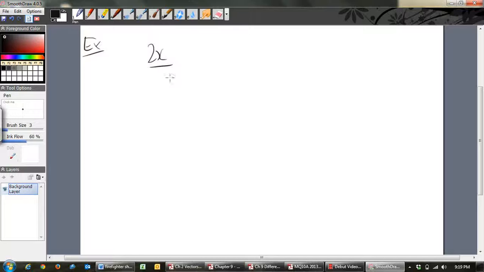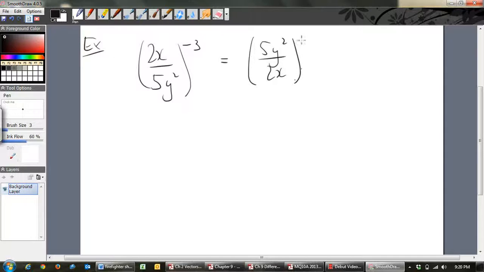Okay, 2x over 5y squared to the power negative 3. Let's try that. Firstly, let's deal with that negative. The negative flips things upside down. So that's equal to 5y squared over 2x to the power positive 3.